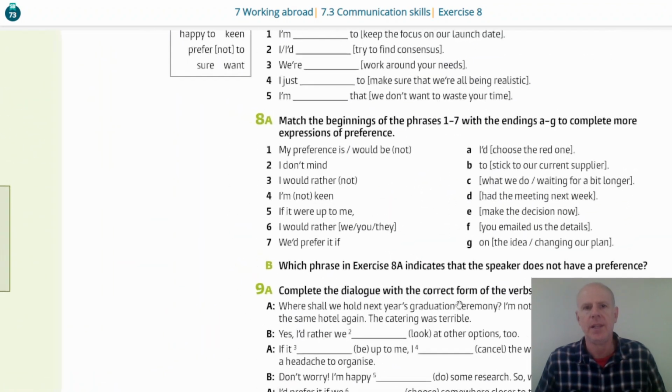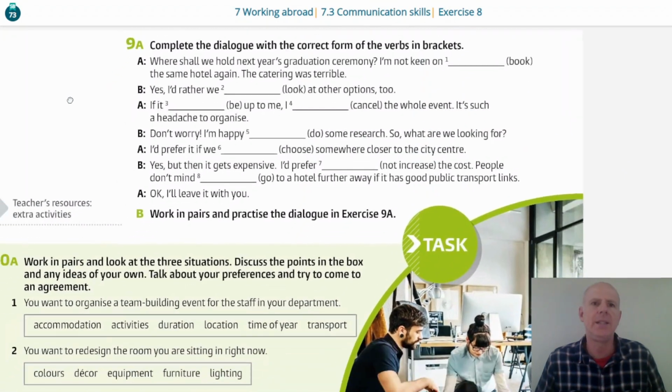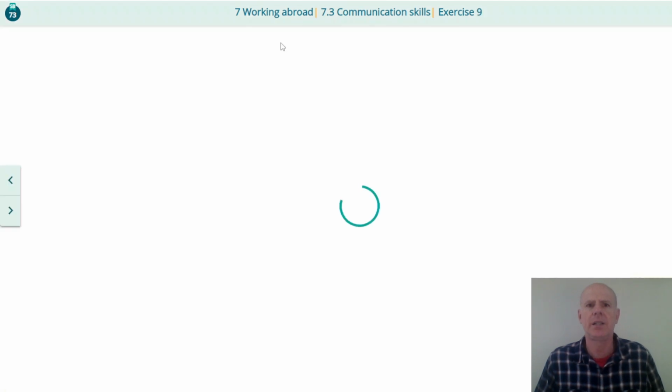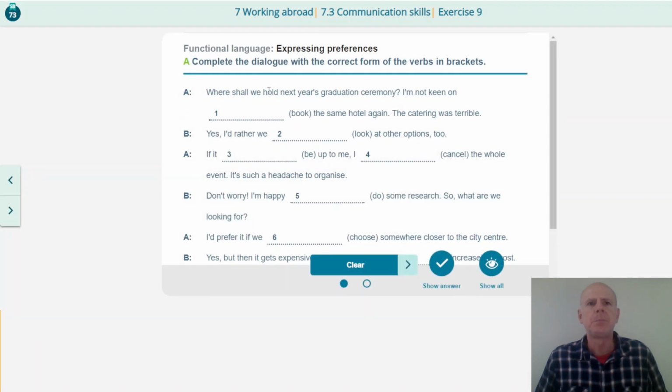Sorry for that. Let's go to exercise 9. In this exercise, we have to complete the dialogue with the correct form of the verbs in brackets. Let's take a closer look. Where shall we hold next year's graduation ceremony?